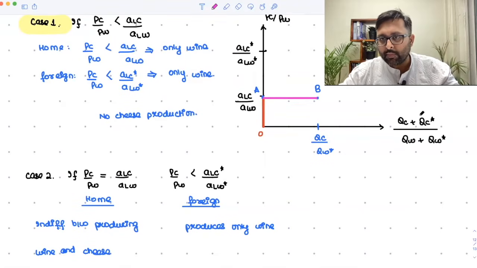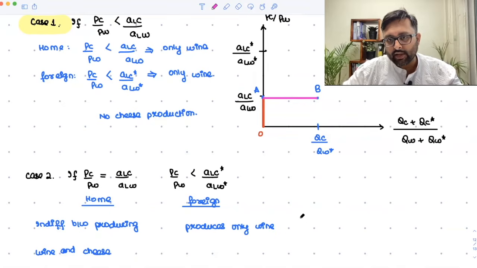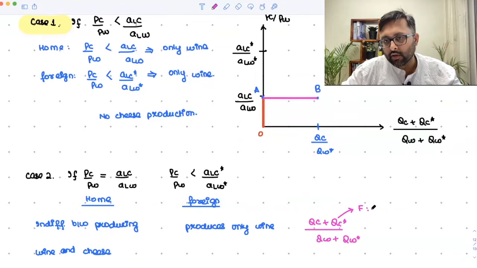So in this QC plus QC star, how are we getting this? You have QC plus QC star upon QW plus QW star. You get this point when foreign is not producing cheese at all, QC star is 0.